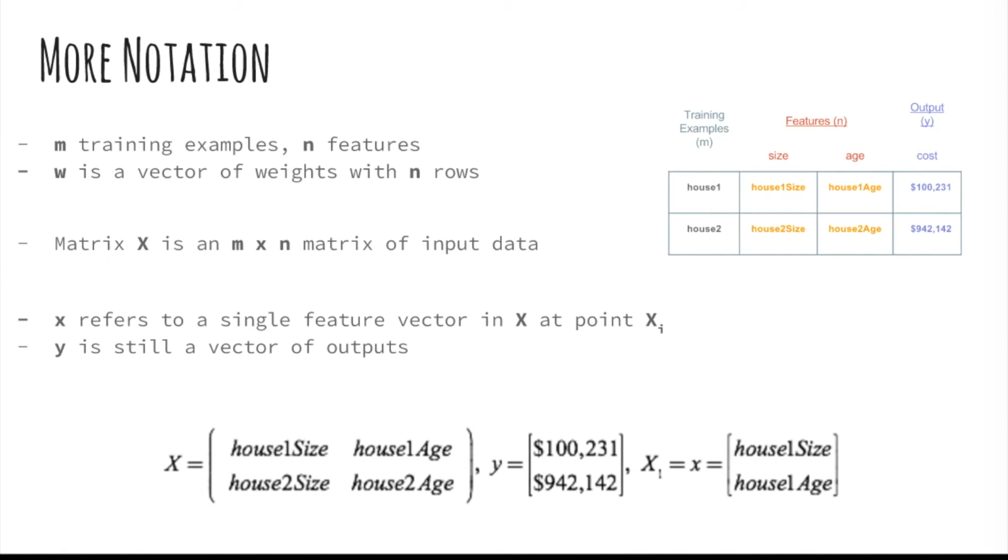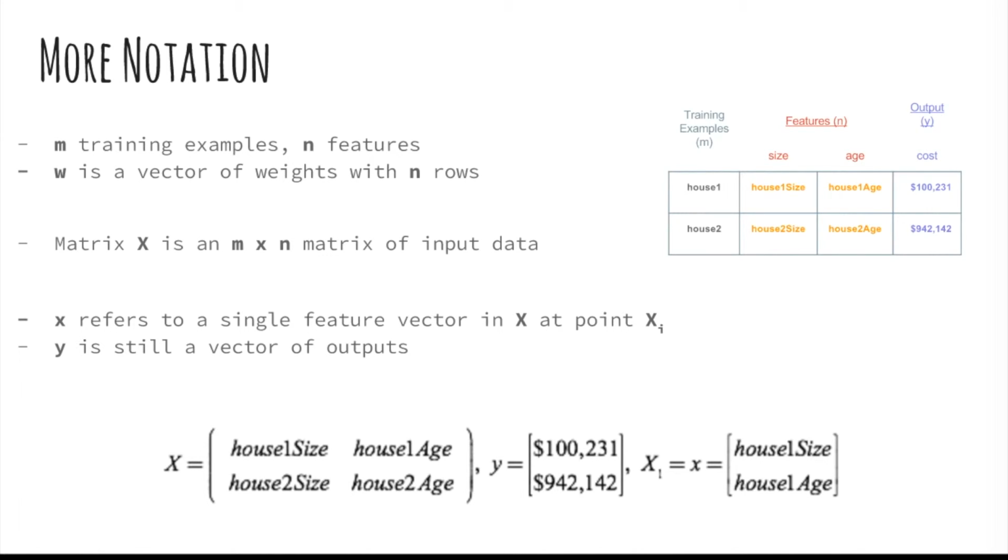Some more notation to introduce. First of all, as mentioned, we have m training examples and now n features. Also, we have a vector of weights instead of just two weights, where the vector is of length n and hence there is one weight per feature. Now, our input is of m by n dimensionality because there are m training examples and each training example has n attributes or features.